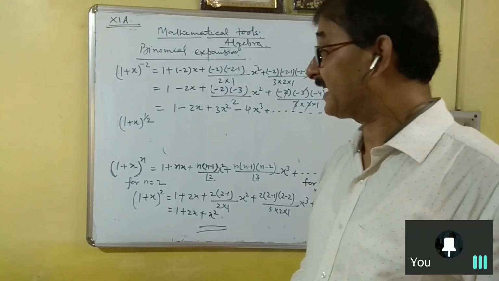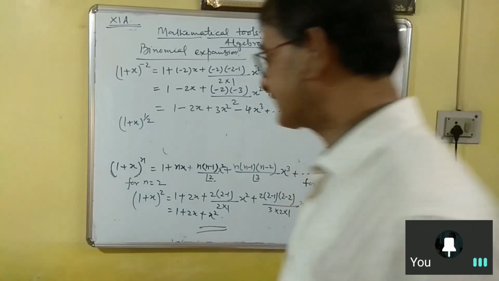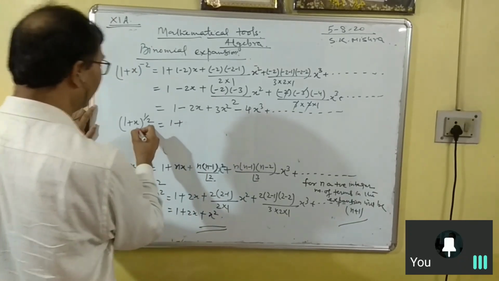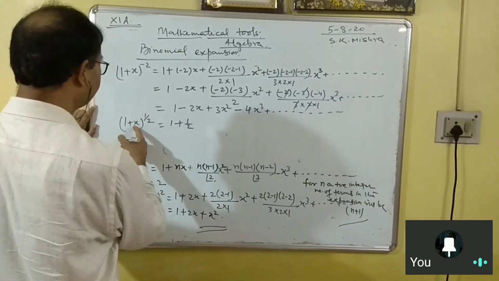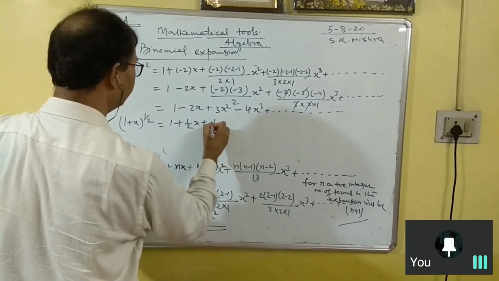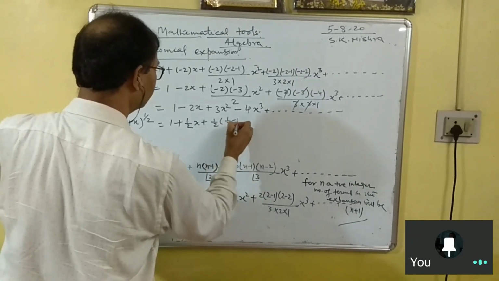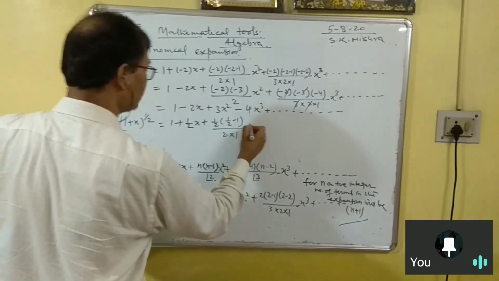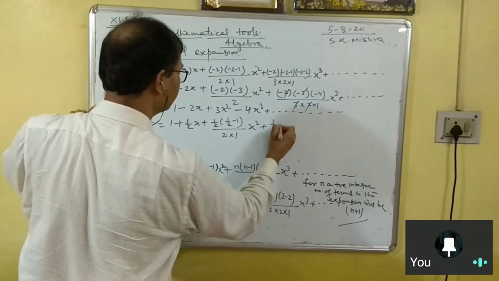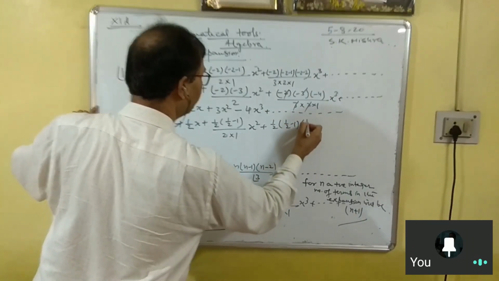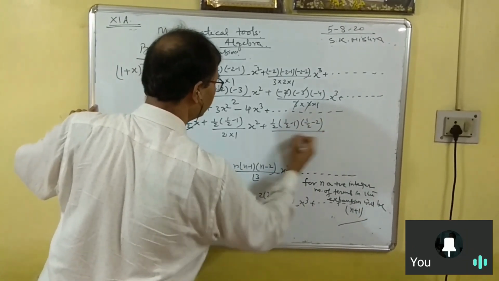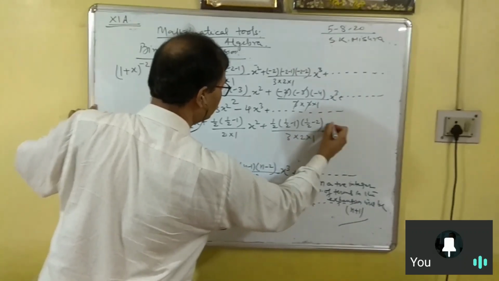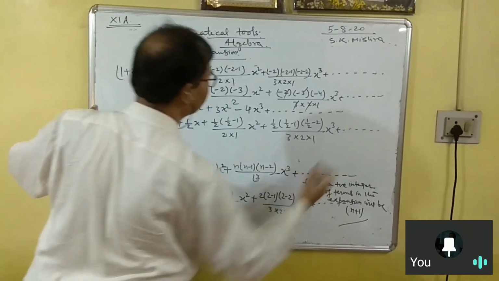So 1 plus x raised to half, the expansion can be written as 1 plus nx, and now n is half, x plus n into n minus 1 upon factorial 2 into x square plus n into n minus 1 into n minus 2 upon factorial 3 to 1 into x cube. Okay, infinite terms are there.